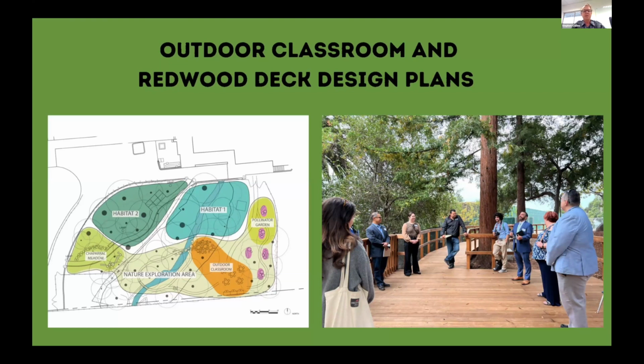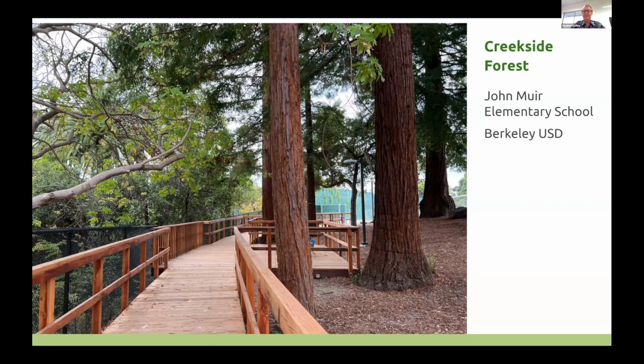So this is our John Muir Elementary School. Let me move forward. So this was an existing redwood grove at this school. It had an old beaten up asphalt pathway walking around the edge of it. And so we had a couple goals here. One was asphalt doesn't belong in nature.